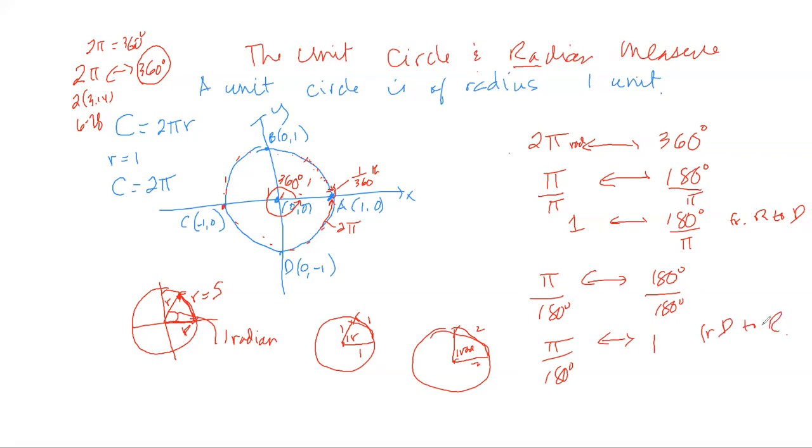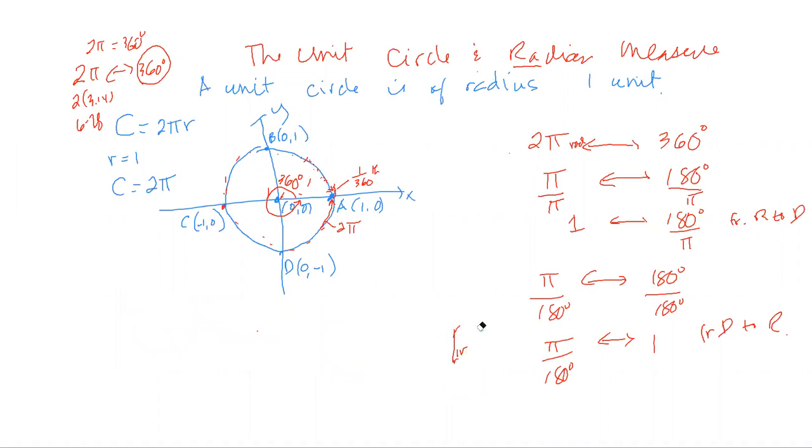Okay? So suppose we want to convert 120 degrees to radians. Okay, let's see that. Suppose I want to convert 120 degrees to radians. So what you should be thinking about is the degrees should be cancelled.